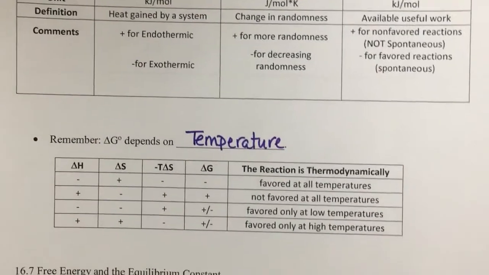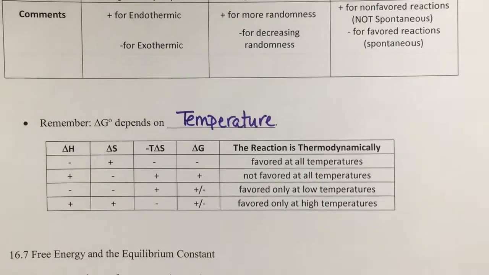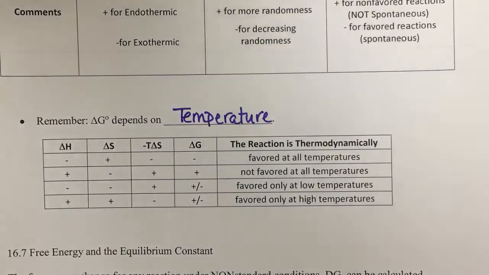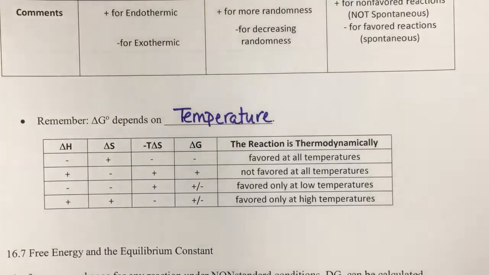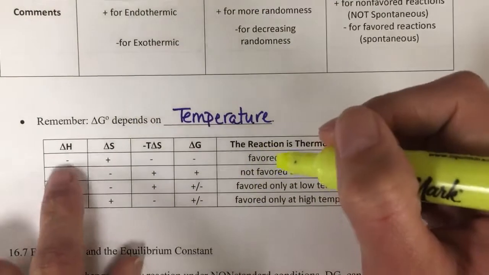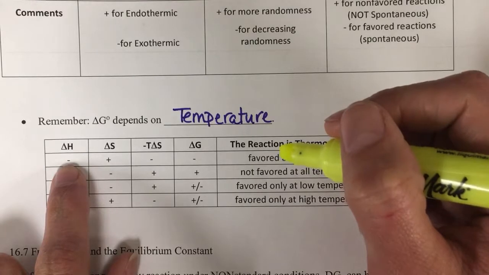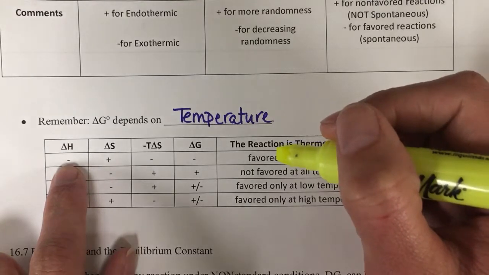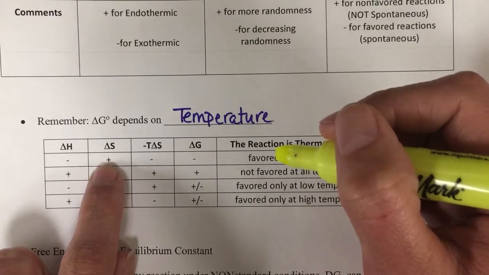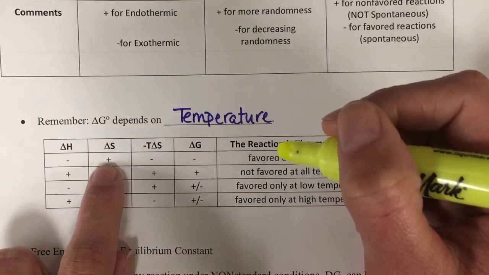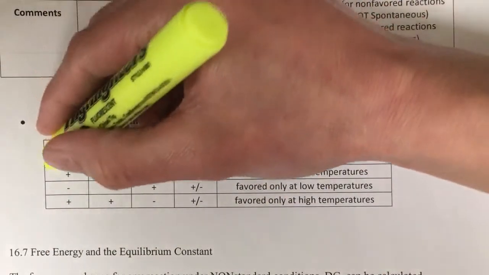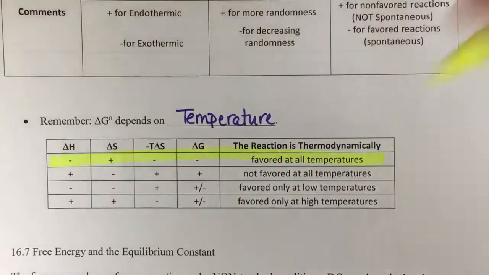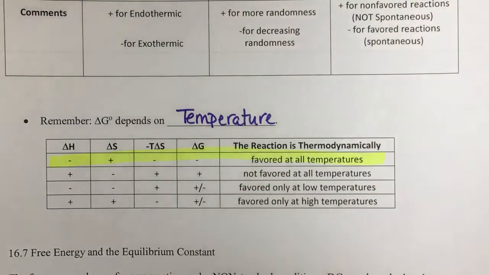So, I wouldn't memorize this entire table. There's no real reason to. However, I would know that if my delta H is decreasing, my reaction is exothermic, and my delta S is increasing, my randomness is increasing, my reaction will be spontaneous always.